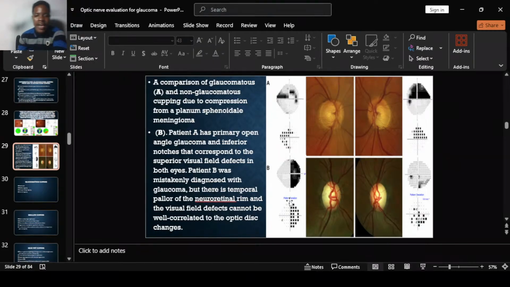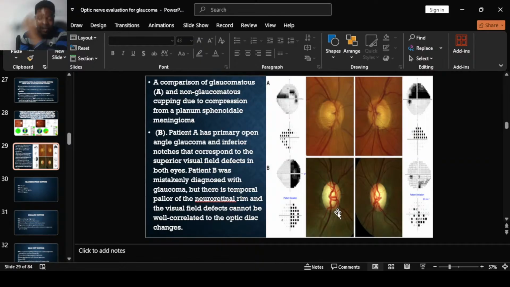But in B, the patient has a planum sphenoidale meningioma, and in the CVF result you find that it doesn't respect the horizontal meridian, but there's a loss in the vertical meridian.